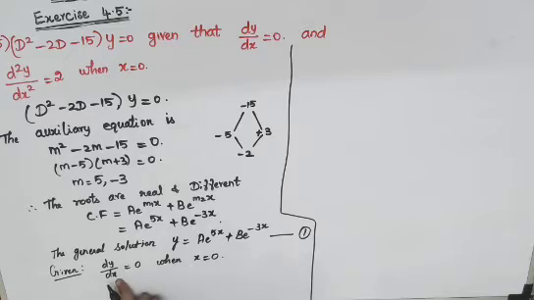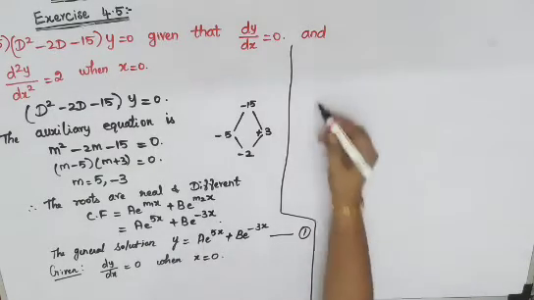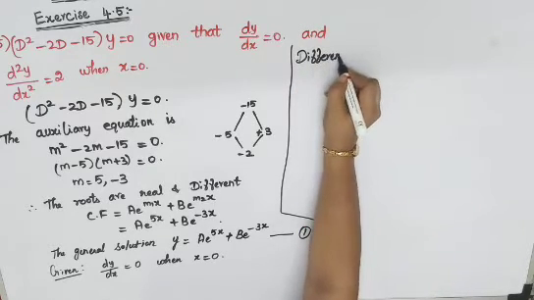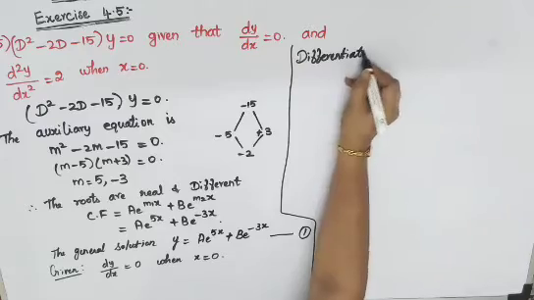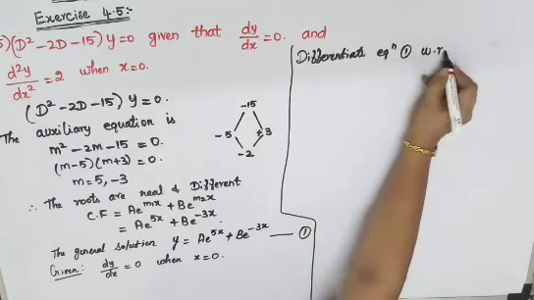So we'll have to find dy by dx. For that, differentiate equation 1 with respect to x.